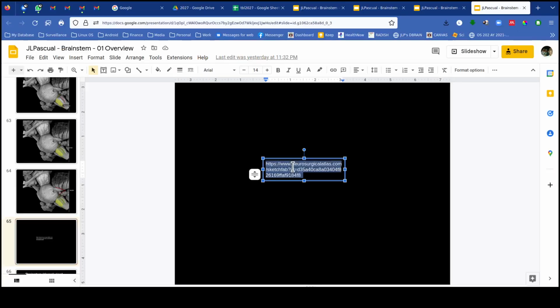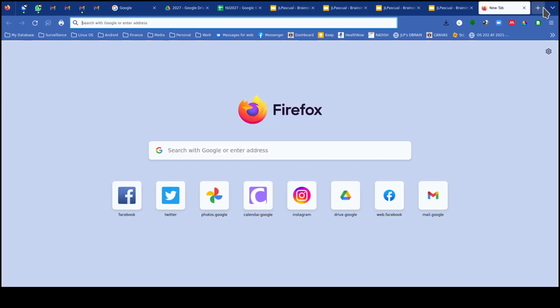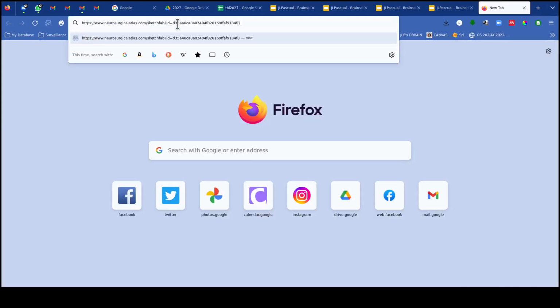So we stop here and take a look at a 3D website, the Neurosurgical Atlas website. And we go full screen and wait for it to load. So any questions at this point?